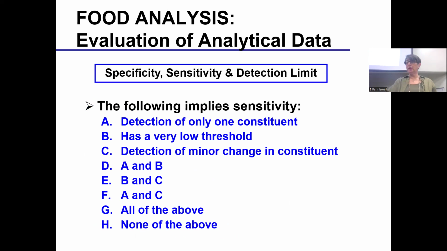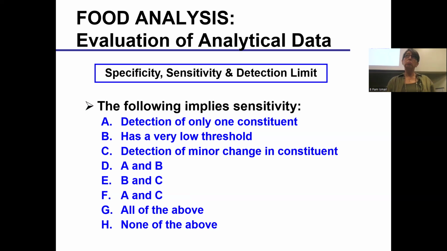Here we go. We just explained sensitivity. Detection of only one constituent. This is not sensitivity. What is that? There's a term for measuring one thing: specificity. So specific to one constituent. Has a very low threshold?